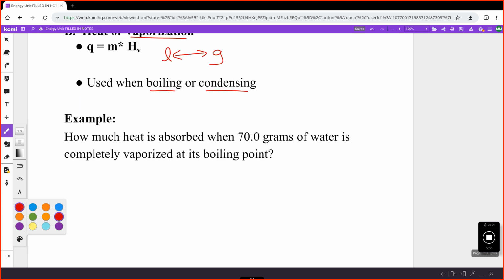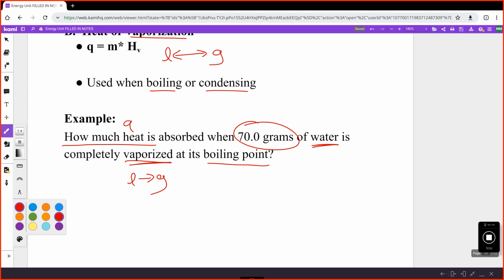Q equals MHV. Q, how much heat? How much heat is absorbed when 70 grams of water is completely vaporized, meaning liquid to gas, at its boiling point? Again, there's no temperature listed in here.